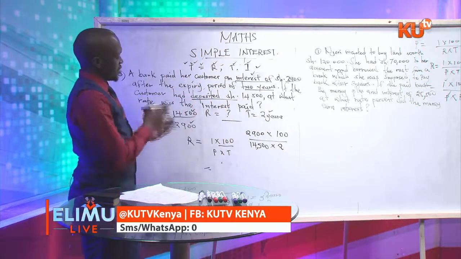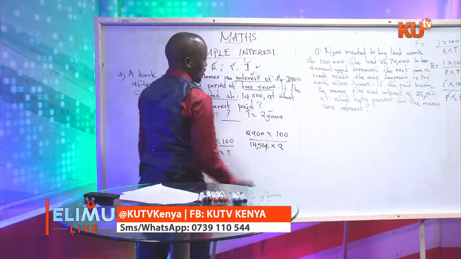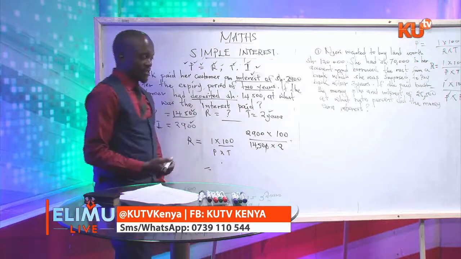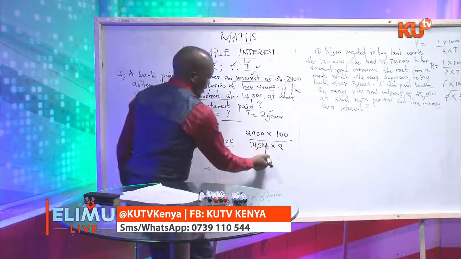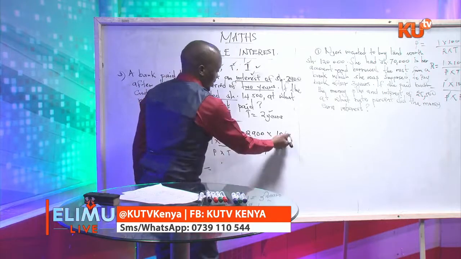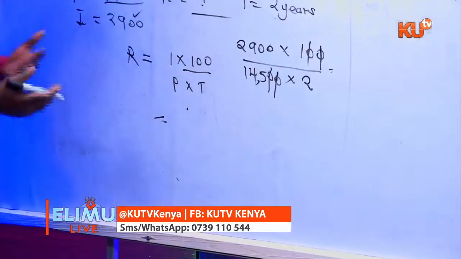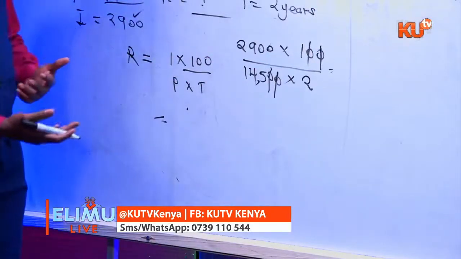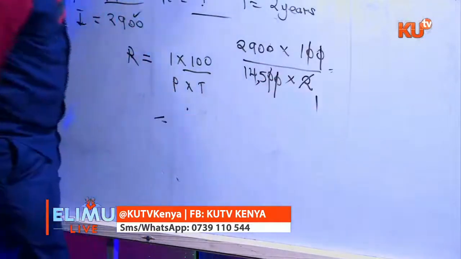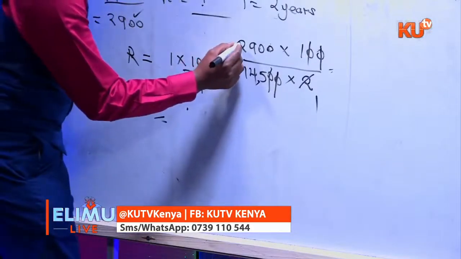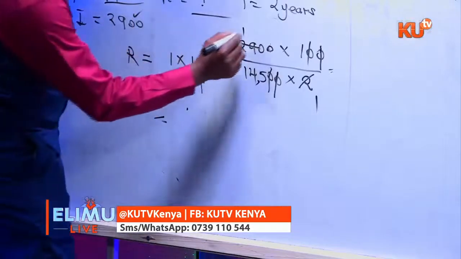So you simply simplify by cancelling. Don't go the long division when you are in class 7 or 6. By now you should know how to simplify by cancelling. So this 0 will cancel with this 0. The 0 here will cancel with this one. We look for factors that can go into 2,900 and maybe 145 and 2. 2 goes there one time. 2 goes here once. 2 goes into 9 4 times.